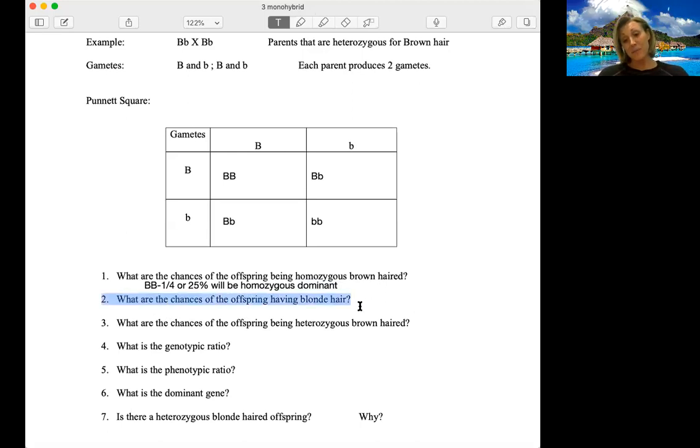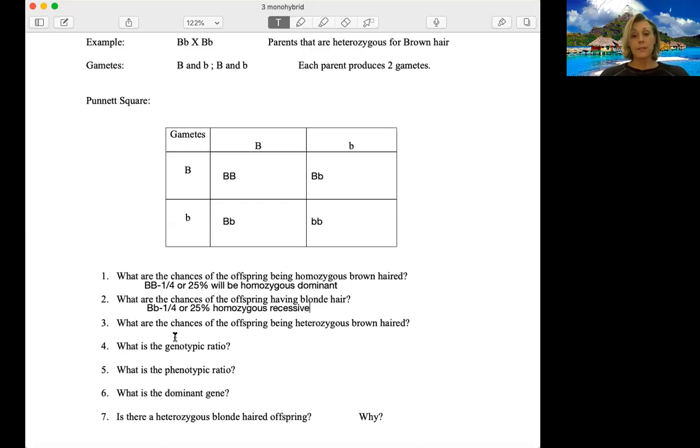I don't know why that doesn't show up sometimes. Again, it's 1 out of 4 or 25% homozygous recessive.